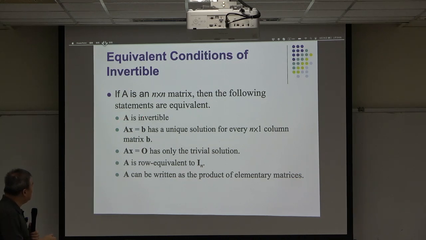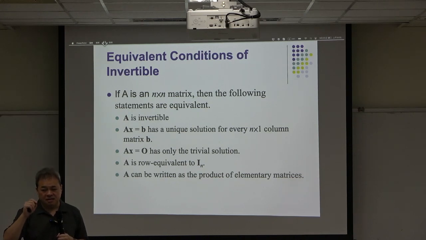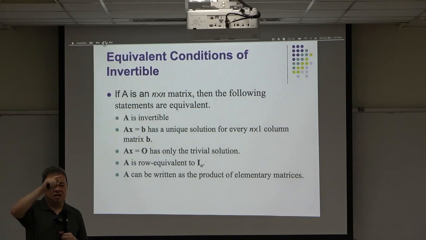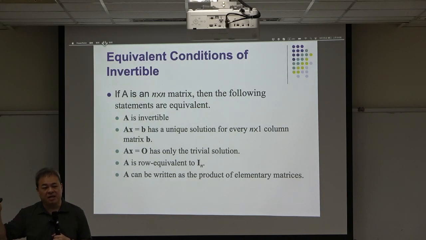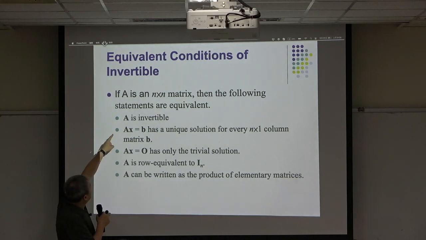First, A is invertible. What do we mean by invertible? It means A inverse exists, such that A inverse times A equals A times A inverse equals the identity matrix, right? So keep that in mind.